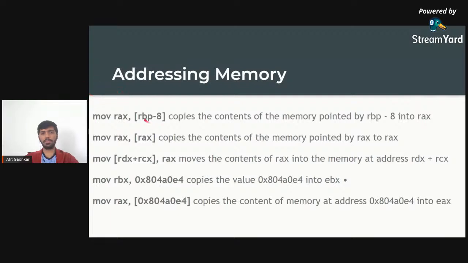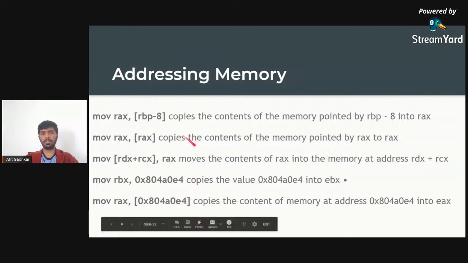Here, the content of RBP minus 8 is stored into RAX as a register. Here, the address which is pointed to by RAX, the content of that address is stored into RAX. Here, the value of RAX is stored in the memory address of RDX plus RCX.